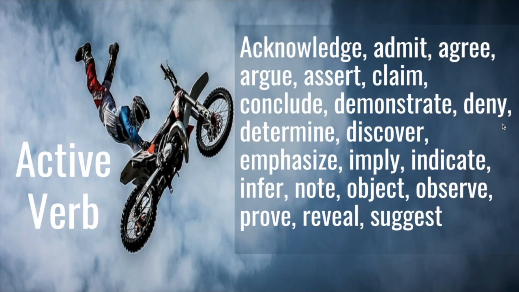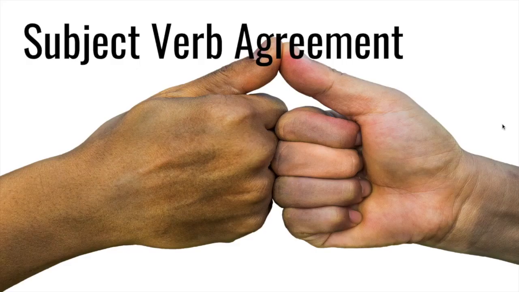Next, you're going to use an active verb to connect your source information to your quote, paraphrase, or transition material. You want your evidence to do something, not just sit there. It needs to argue or imply or indicate or some other action. Check out the PDF on PowerSchool that contains a massive list of verbs you could use for an active verb. So two notes.